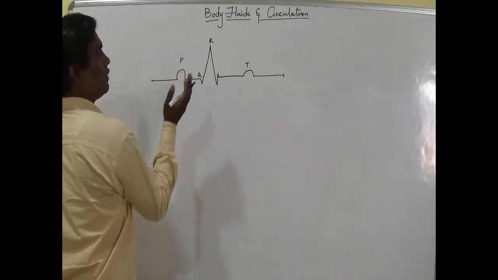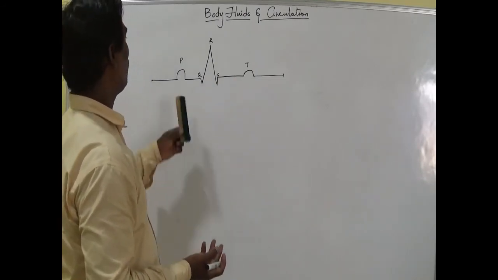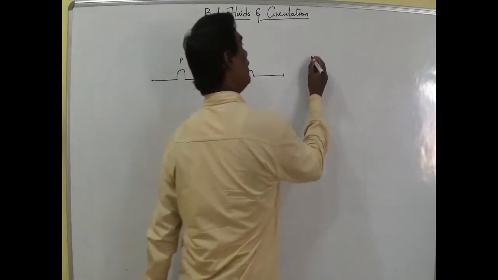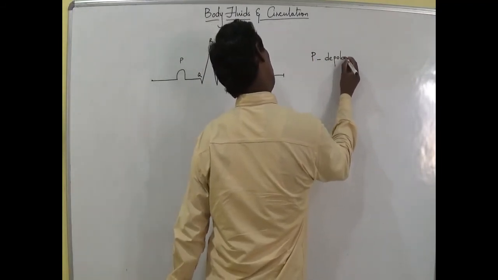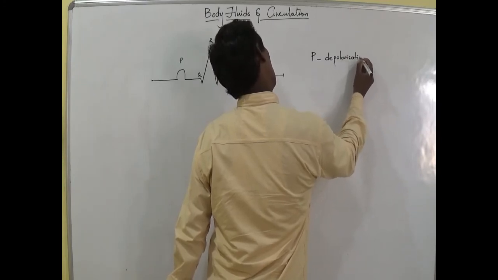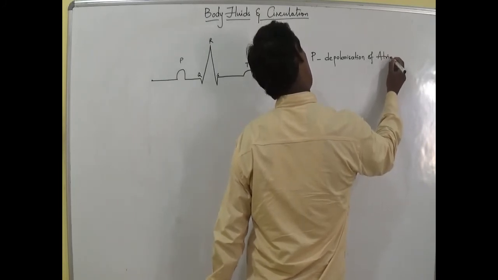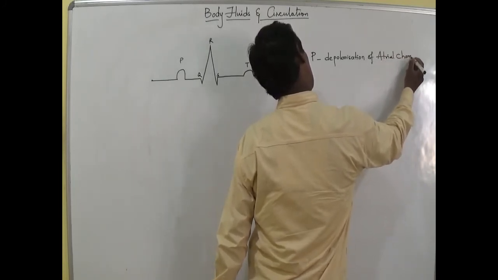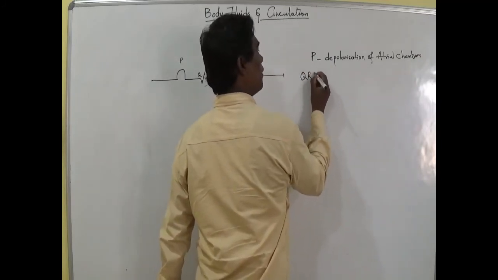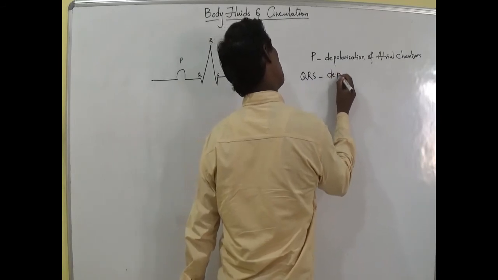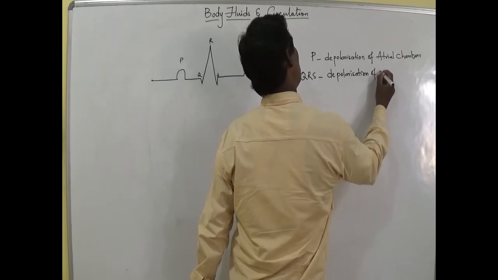So usually, in a normal functioning heart we can find a P wave. The P wave represents depolarization of atrial chambers. The QRS wave talks about depolarization of ventricular chambers.